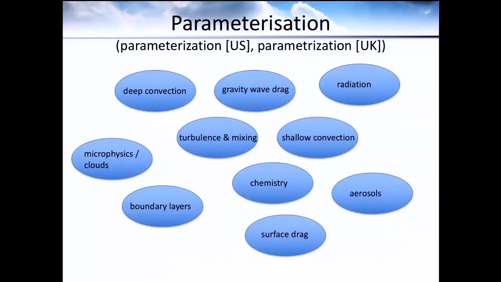Gravity wave drag is when atmospheric waves propagate up into the stratosphere and mesosphere and break, and they exert a huge tendency acceleration on the mean flow, and which is not resolved. Because most of our focus is on the troposphere, none of us really think about gravity wave drag very much. Aerosols, chemistry, surface drag, surface friction, boundary layers, all these things.